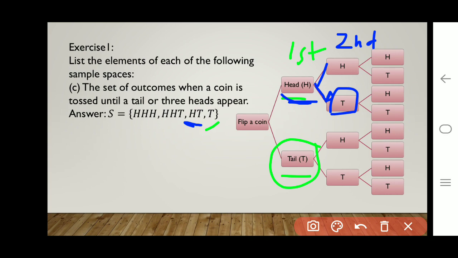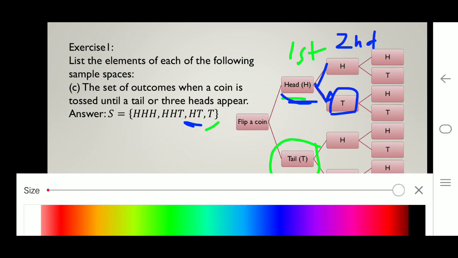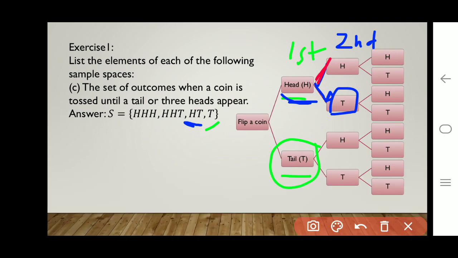And then, halimbawa naman, proceed tayo dun sa head. Head ang lumabas. Pag head yung lumabas, therefore, may third toss ka ulit. Sa third toss, halimbawa, ang lumabas is tail. Therefore, dito, mag-stop ka na kasi may tail ka na agad. Therefore, ang pinagdaanan mo doon, head sa first, ang dinaanan niya is simula dito.